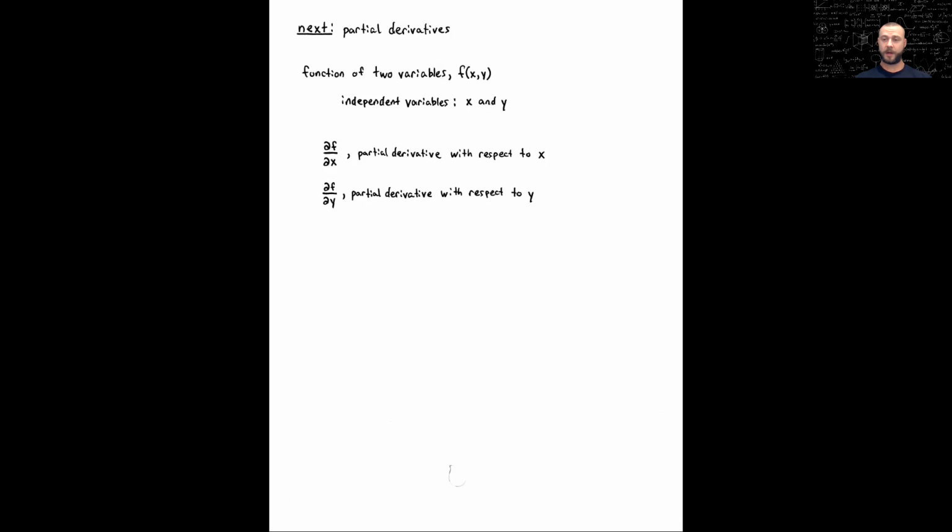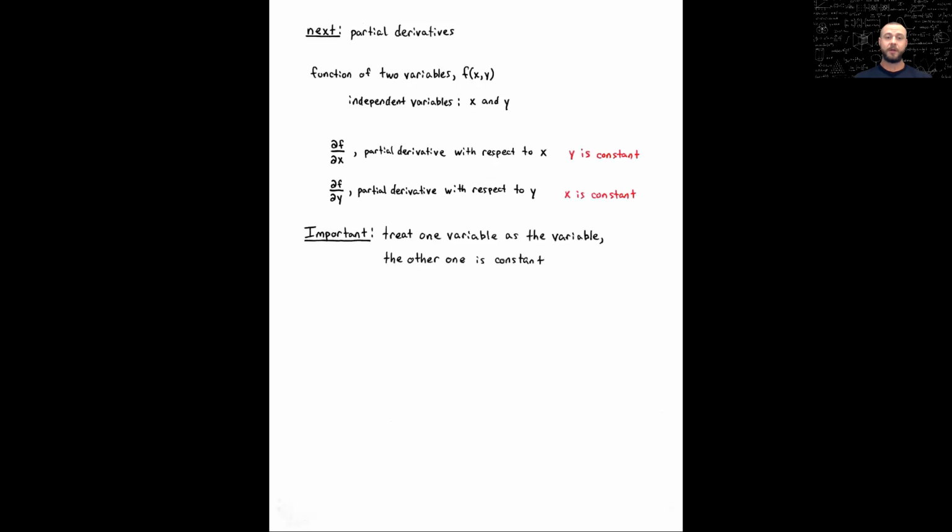Now a very basic idea of how partial derivatives work is we're going to treat one variable as the variable, the other one will be thought of as being constant.